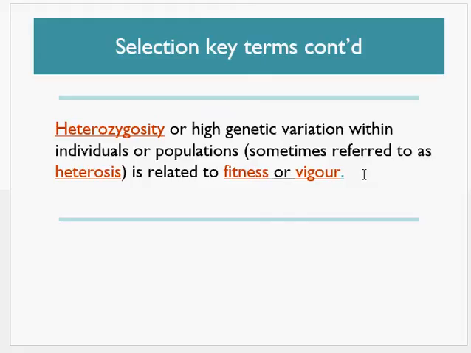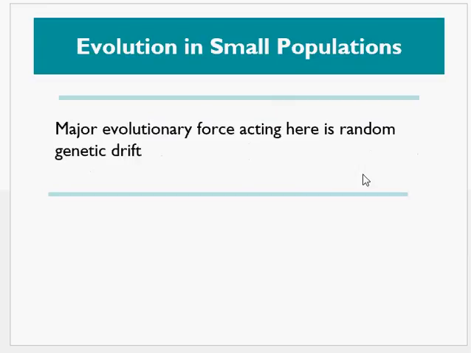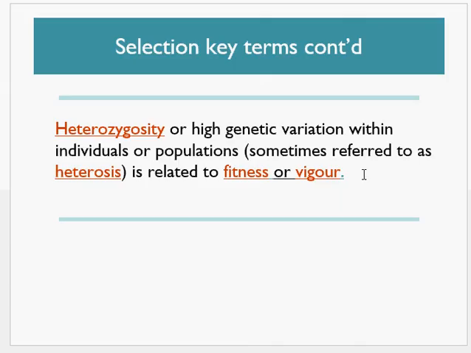All right. Now, another point which we need to make with selection is that it works best in populations which have high genetic diversity, high amounts of allelic diversity. Now, the populations which tend to have high levels of allelic diversity tend to be the larger populations, because the larger the population, the more individuals there are, and therefore the more room there is for different alleles to exist.